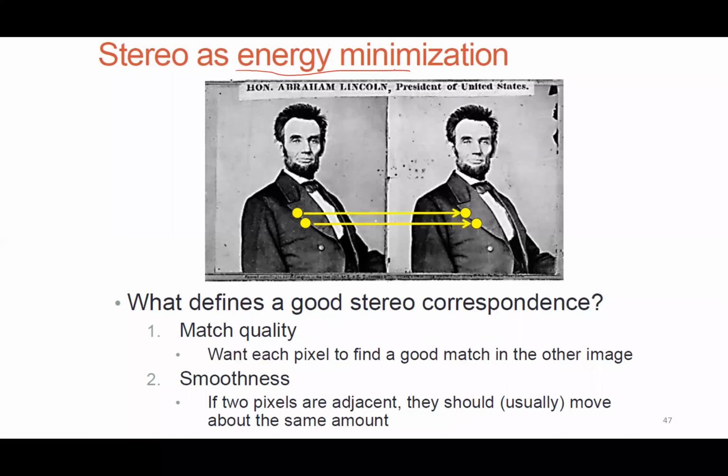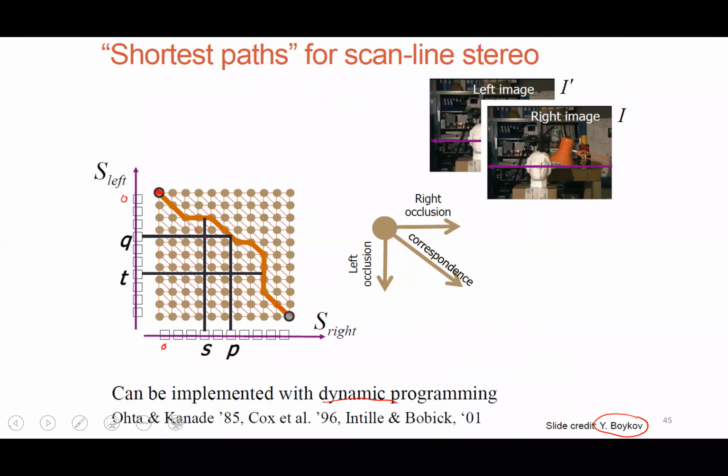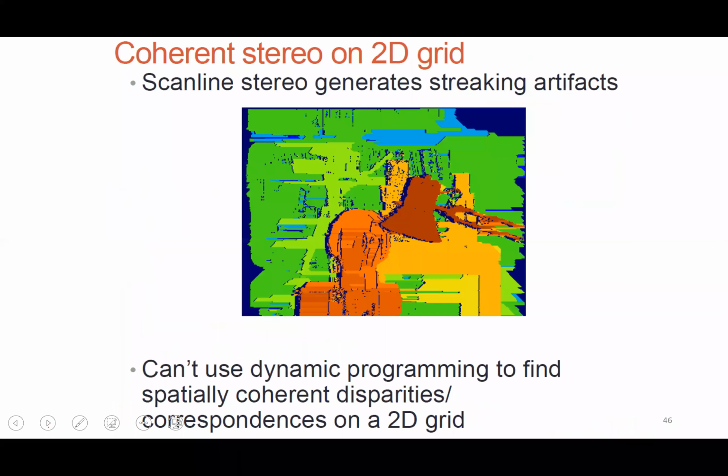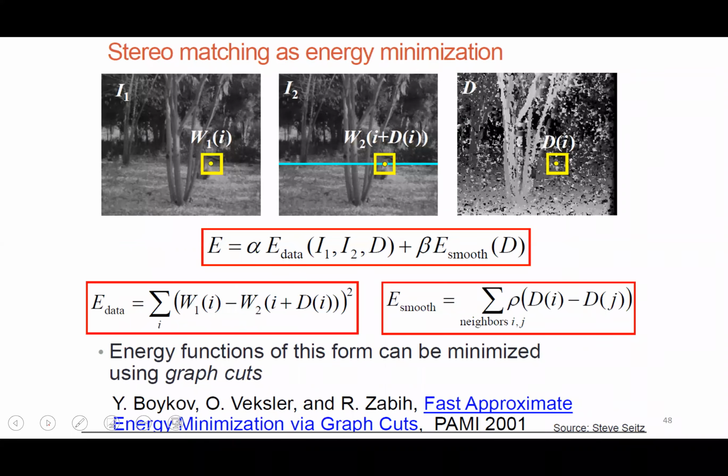I'm skipping the methods where they use shortest path algorithms, but even more accurate ones, and this is again a landmark paper in PAMI, Pattern Analysis and Machine Intelligence. What I will try to do here is not tell you how to solve this, that's part of graph cuts, but rather give you some intuition about what it is exactly trying to do.